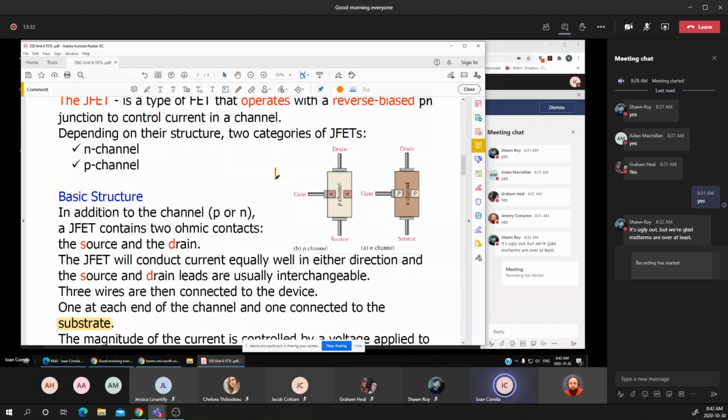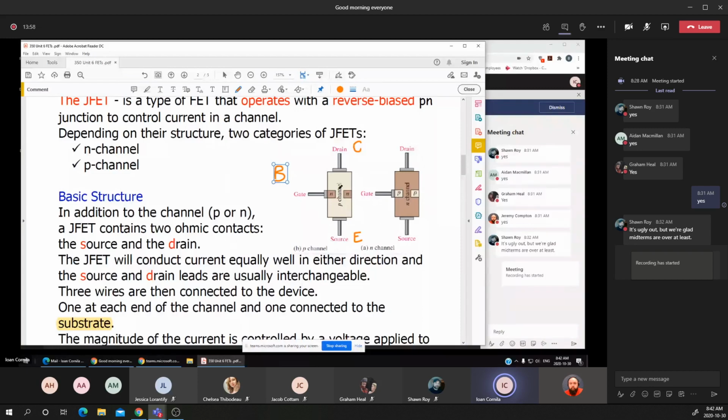That means I can put aside the equivalent or similar terminals for the BJT. That's the base, which in the FET is called the gate. Drain is like the collector in the BJT, and the source is like the emitter in the BJT.